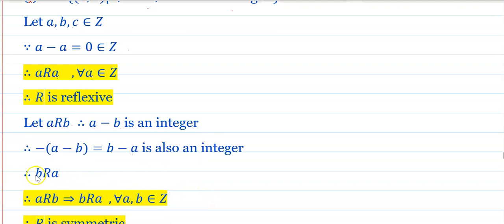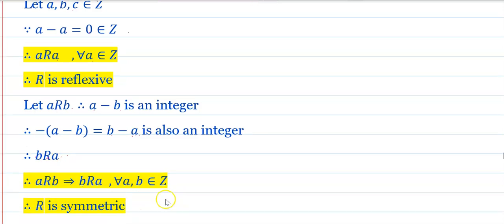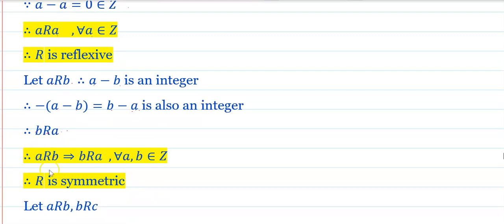And hence, A R B implies B R A. A R B means A minus B is an integer. B R A means B minus A is an integer. And hence, A R B implies B R A for every A, B belongs to Z. Therefore, here we say that R is symmetric.